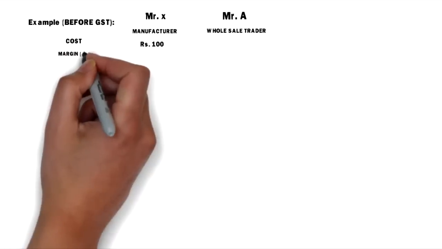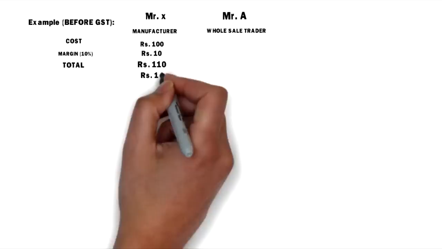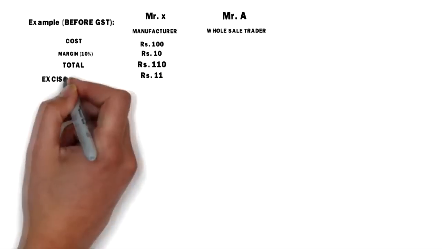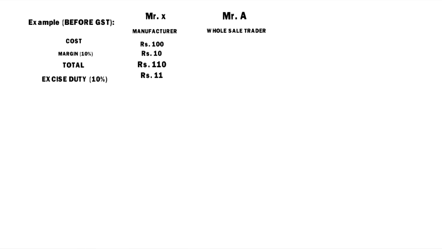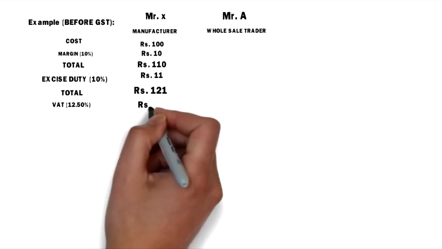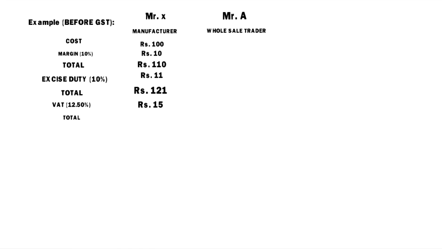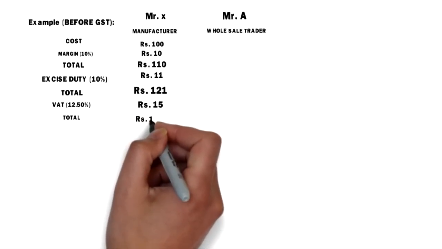Let's say the margin of Mr. X is 10%, rupees 10, total rupees 110. Rupees 11 is paid as excise duty, total rupees 121. On this amount, sales tax of 12.5% is charged, that is approximately rupees 15. Now the total is rupees 136.